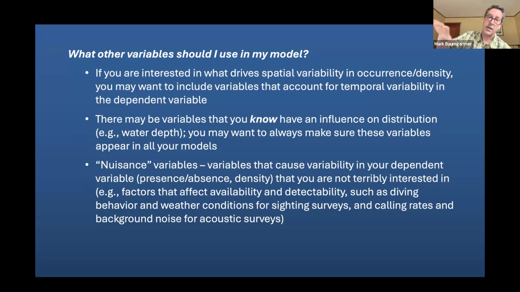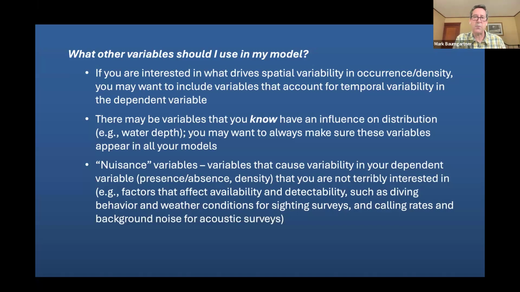So there's a continental shelf community, an upper slope community, and then there might be a lower slope and abyssal plain community. Well, if you know that already, then when you formulate your model, you should probably put water depth in as one of your variables, because you know a priori that it will have an influence on the distribution of your species.